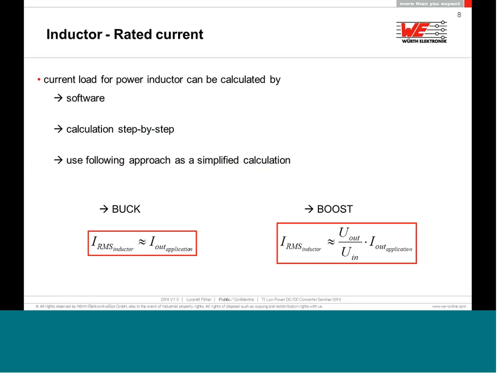Generally, if you have a buck converter, the maximum output current from your DC-DC converter is the current which is passing through the inductor itself. If you have a boost converter, it is highly recommended to use an inductor which satisfies at least this simplified formula, with no saturation, and also not running hot, because thermal heating is very important for efficiency.